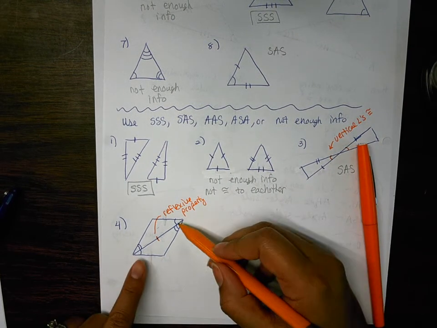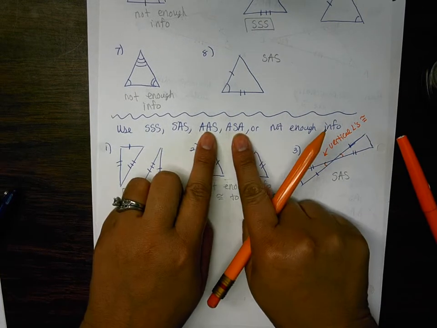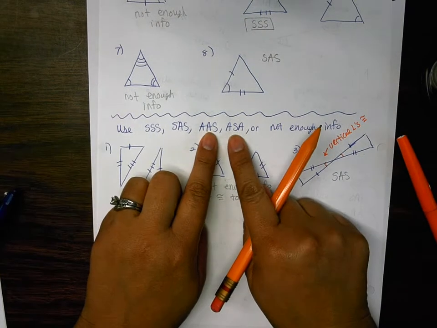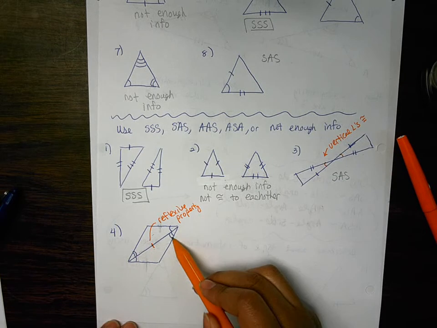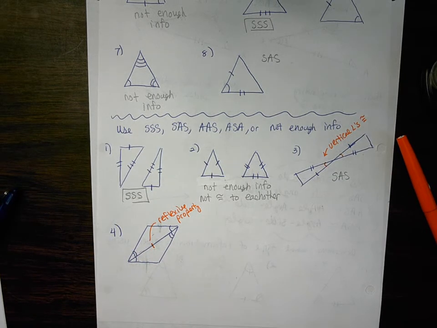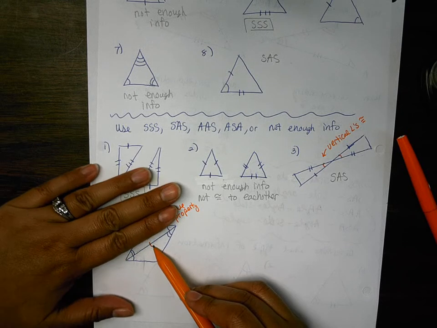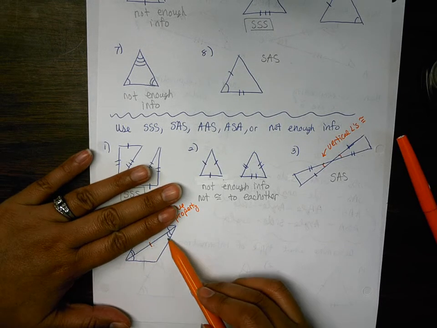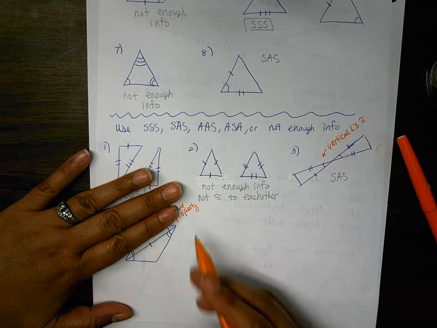Now I have two angle markings, two sets, and one side. That leaves me with these two. Is that one side included between the two angles or not included? Is that side, you can cover the top of it, that helps you. Is that side sandwiched between the two angle markings, yes or no? Yes, so what would we say?